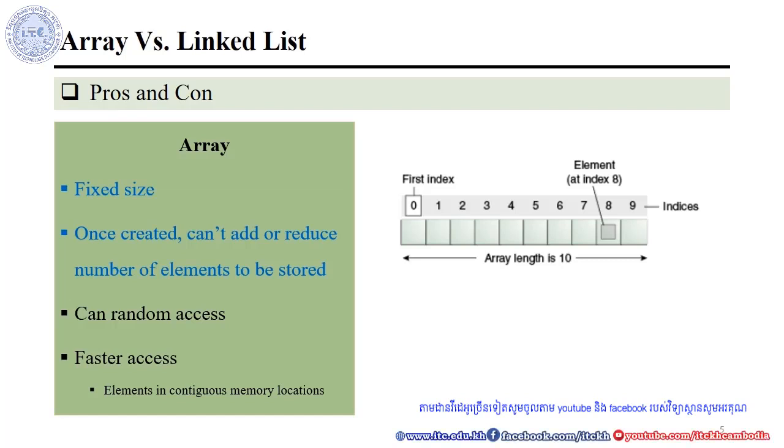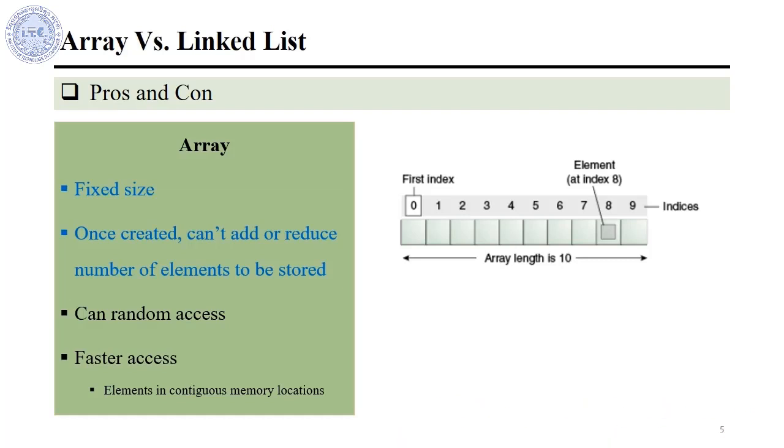And in order to access an element in the array, we need to use an index, or it's called position. For example, if you want to access the element at slot number 9, we can access it with index number 8, because in an array the index starts from 0. However, you should notice that in some other languages, for example in MATLAB, the index of the array starts from 1.